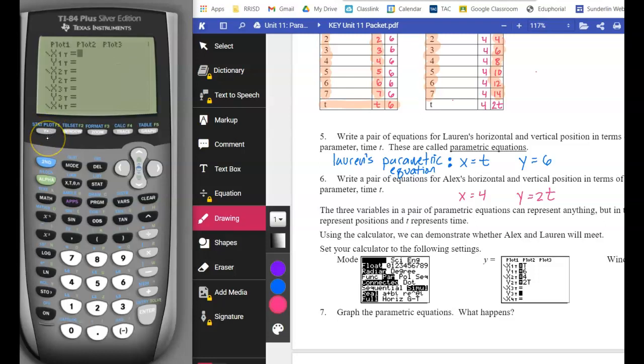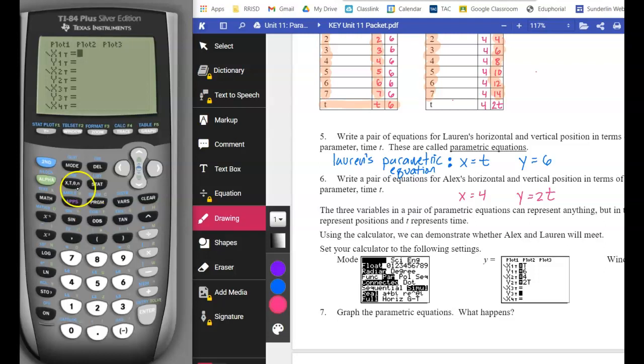When you go into y equals, it's going to look different. You're going to have x1, y1, x2, y2, x3, y3. This is because for every one rectangular equation, you have two parametric equations, one for x, one for y. So I'm going to input this example.